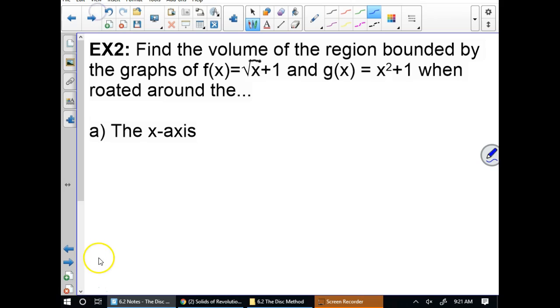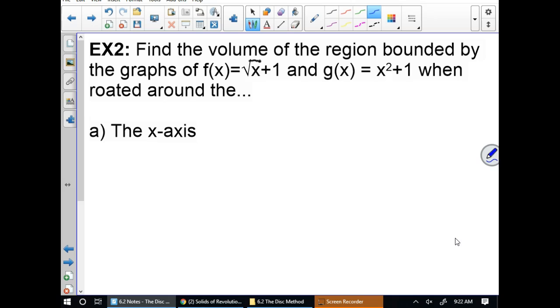So here's our next one. We've got the square root of x plus 1.